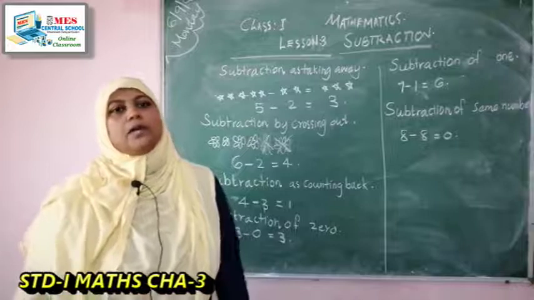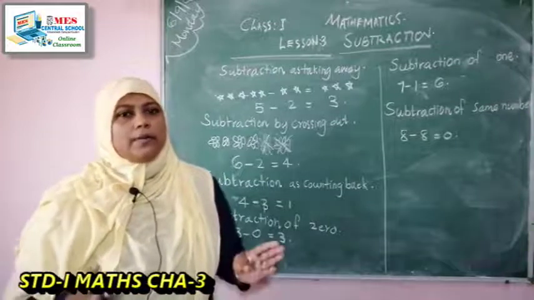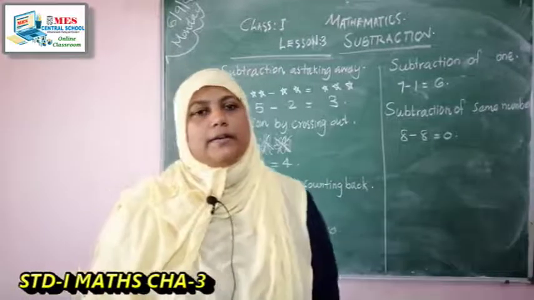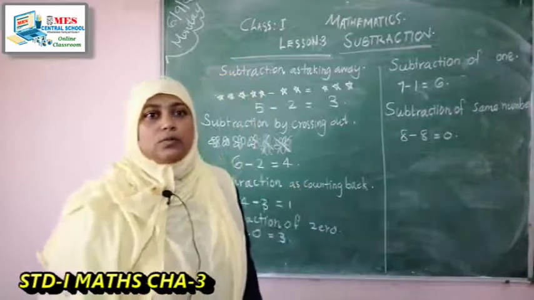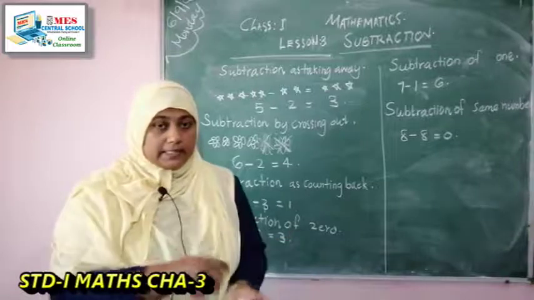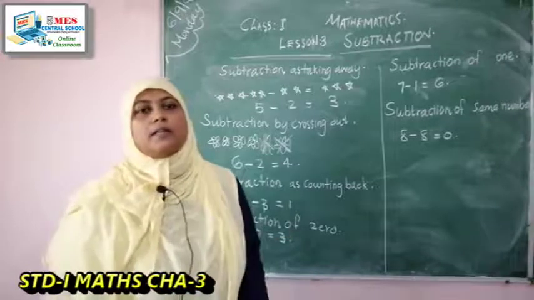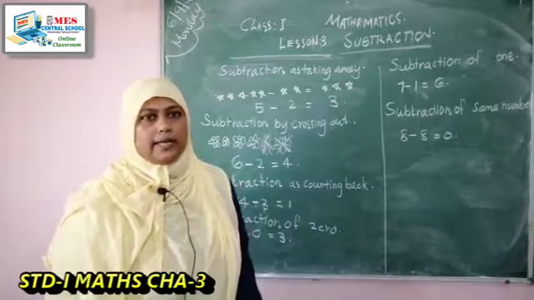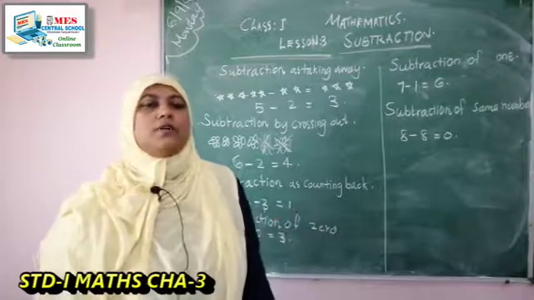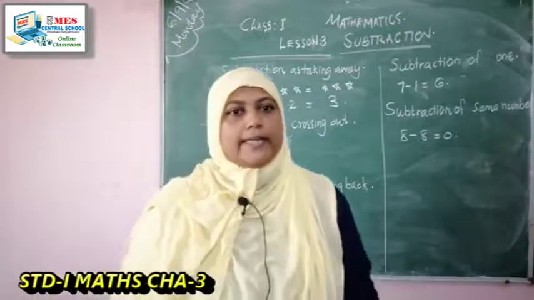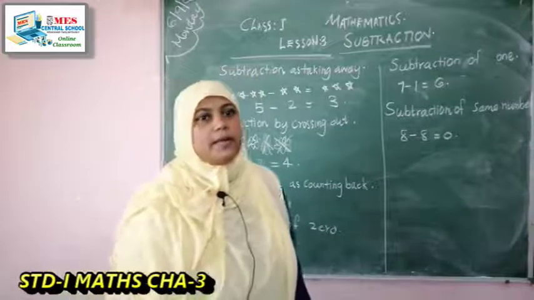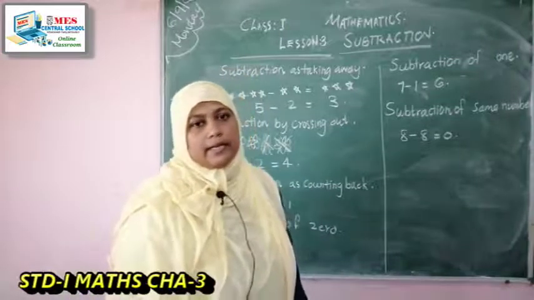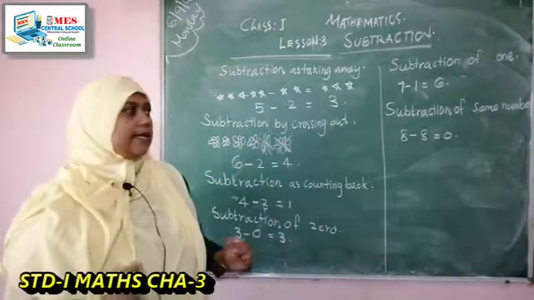Two. So from three, take away one, remains two. This process is called subtraction, take away. You understand what is subtraction? Subtraction is taking away.